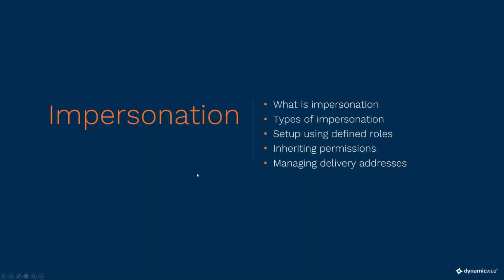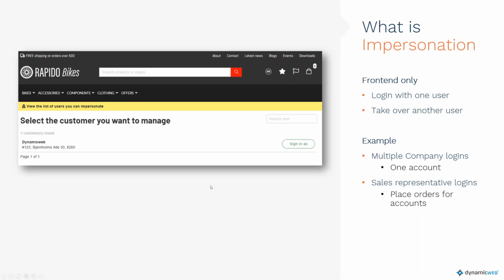So then, last, a short talk about impersonation. First of all, what it is and the types of impersonation, and setting it up using the defined roles. We already saw that. So impersonation is a front-end only thing, and it's basically I'm logging in with one user and I take over another user.